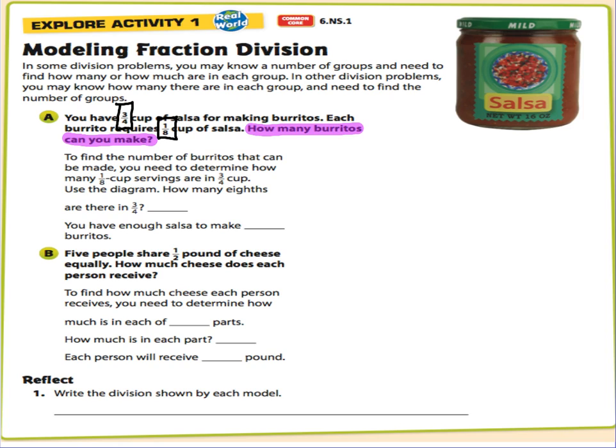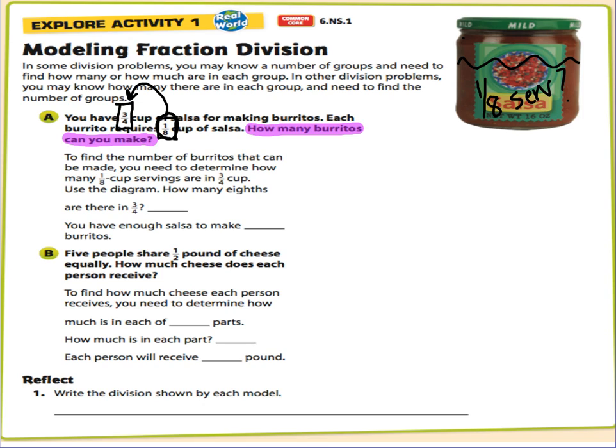So I have to figure out how many of these are in this. So if you're looking at your salsa itself, you have 3/4 of the cup left. So I want to know how many 1/8 servings are in here. So what that means is I can't just split this into eighths. I have to remember I still have this top part up here that also is a part of those eighths.